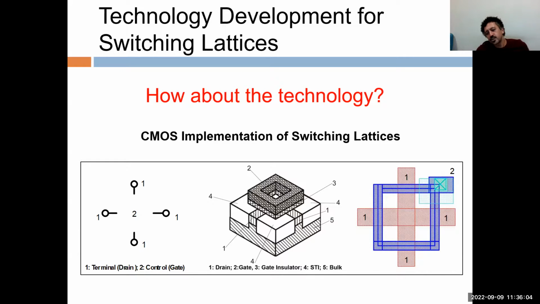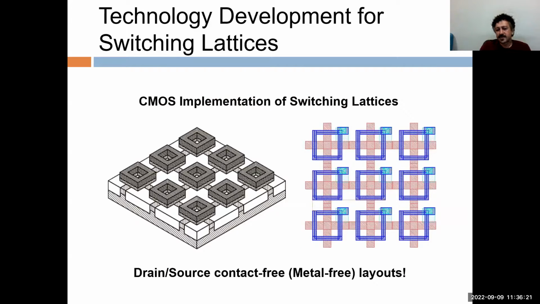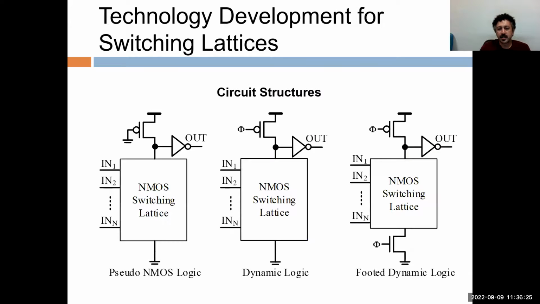we show that with the current CMOS technology, you can implement switching lattices, which is really nice. CMOS is the commercial technology, and you can implement switching lattices. Here is the implementation. These are the layout pictures. And using pseudo NMOS, dynamic or footed dynamic, you can implement any functions.